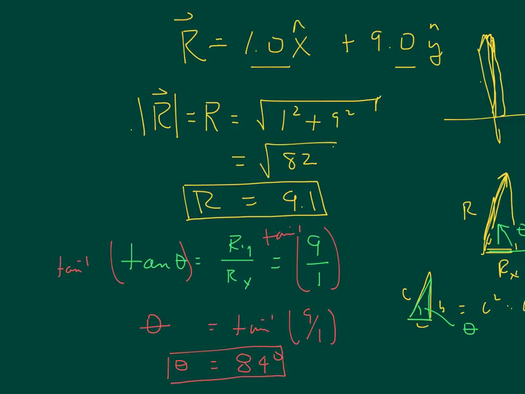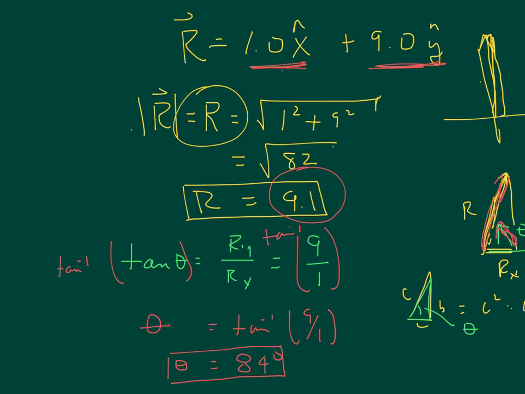So what did we do? We started out with two vectors. We added them together, and we got a new vector R called the resultant. It has an x and it has a y component. We then calculated the magnitude of R right here. Got a value of 9.1. Then we wanted to see what angle here does R make with the x-axis.